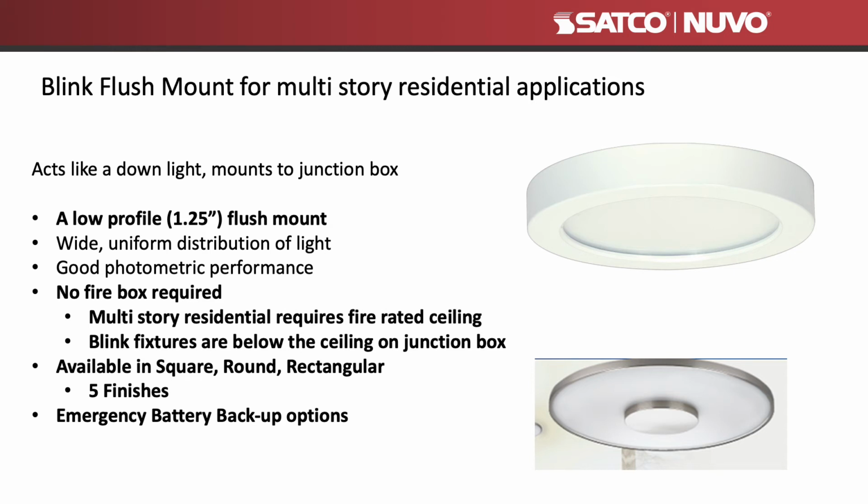In the slim fixture Blink product line, it mounts to a junction box below the ceiling, and it acts like a downlight, but it doesn't penetrate the ceiling. Therefore, no expensive additional hardware or specific fixture that's rated for a fire is needed.